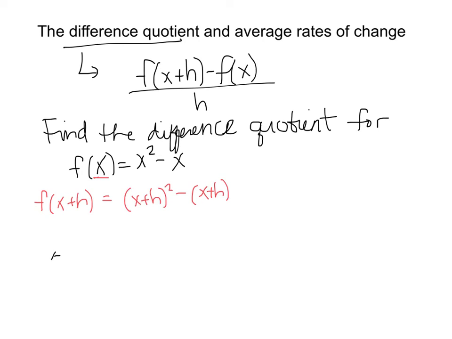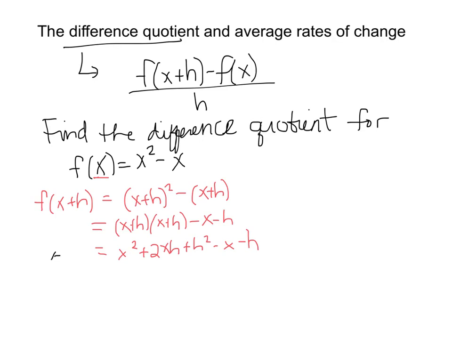The parentheses are important. Hopefully you'll think about this as x plus h times x plus h. And then I'm going to distribute the negative, so minus x minus h. We have x squared plus 2xh plus h squared minus x minus h, not x, minus h. That's f of x plus h.